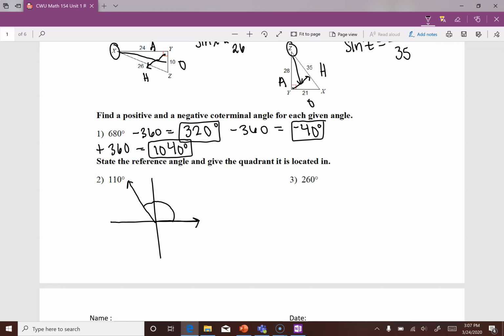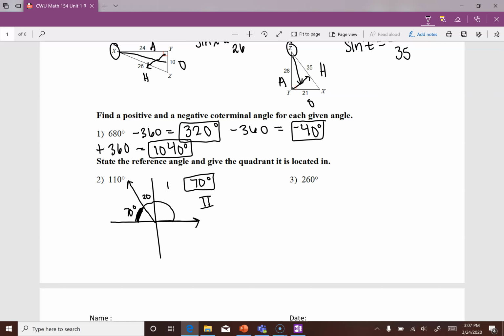Well, 90 plus 20 is going to give me 110. And then I know that this angle right here, our reference angle, is going to be 90 minus 20, which gives me 70 degrees. Okay, so for this problem here, I'm stating the reference angle, which is 70 degrees. And the quadrant that it's in is number 2.